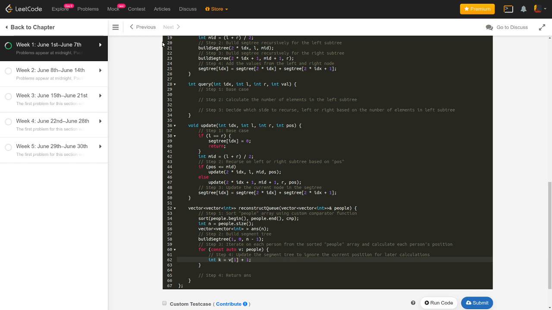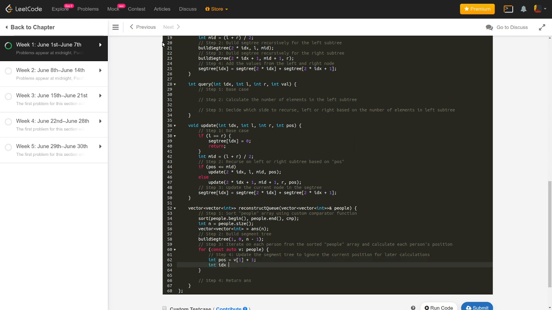I'll just do k plus 1 because that's what the position is going to be. Okay, and I'll just calculate the position. So let's assume that this query function actually returns an index, the index at which this particular value should be present. So that's what I'll be getting from the query function. 1 comma 0 comma n minus 1 comma this position.